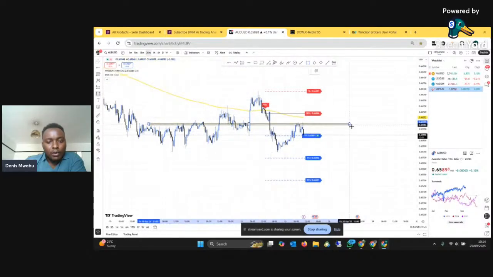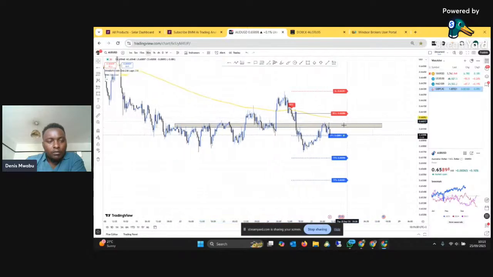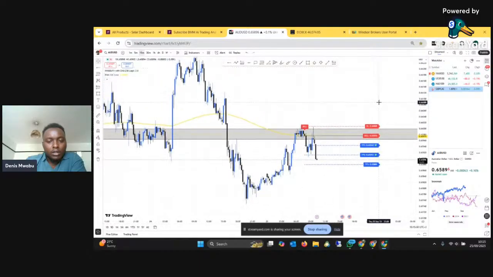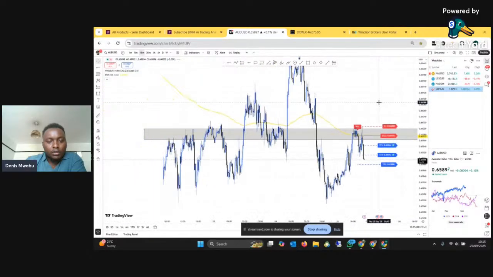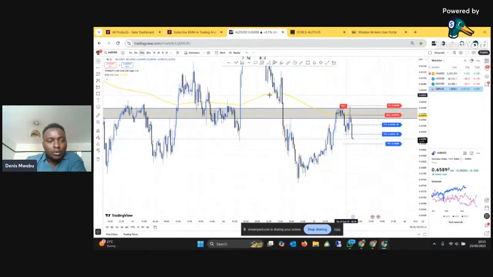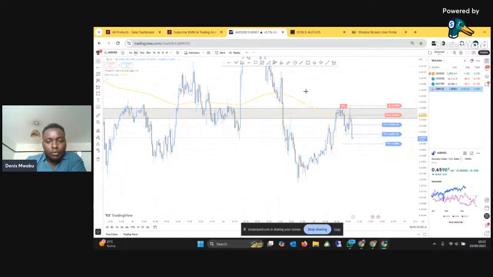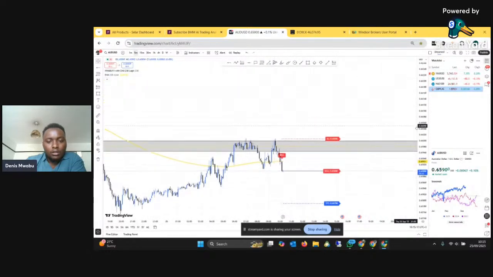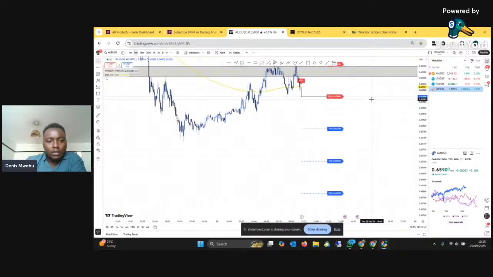Right, we have a break. After a break, we have a retest of this zone. So if we go on the 15 minutes time frame, you'll be able to see the sells coming in, right? Here we go now, guys.